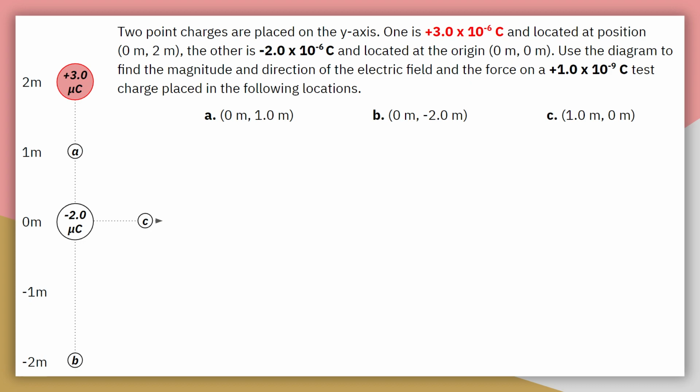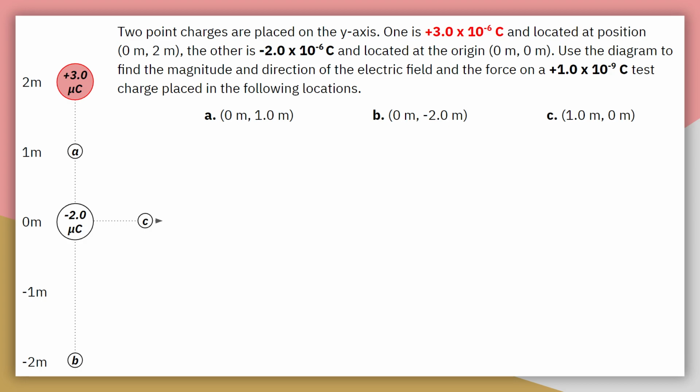Now, one thing that we can notice for that point charge, instead of writing out in full scientific notation, I'm using that Greek letter mu in front of the unit coulomb. That is a prefix that is going to be the exact same thing as the scale of times 10 to the negative 6th power. It just allows us to have the full labeling on that positive point charge without having to write out the whole thing, but they're going to be used interchangeably.